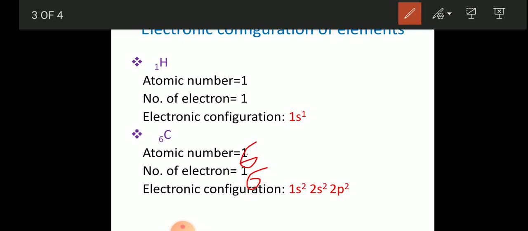Now how to write down the electronic configuration of these 6 electrons? The first orbital is 1s, so 1s2. The second orbital is 2s, so 2s2, and we go for the next orbital, that is 2p. After 2s it is 2p, which will have 2 electrons, so altogether we have 2, 2, 2, that is 6 electrons.